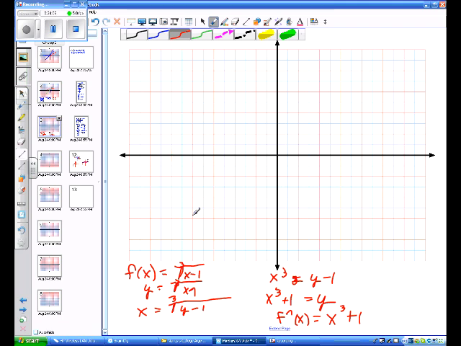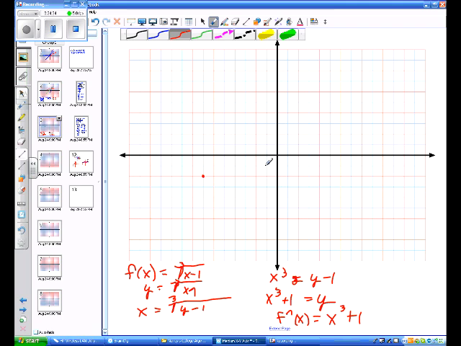And if we wanted to, we could actually look at the graph of this one. We know what our cube root graph looks like. We have some specific points. We do -8, -2. And then what this says is we're going to shift our x value 1 unit to the right. So if we were at -8, -2, we shift it 1 unit to the right.